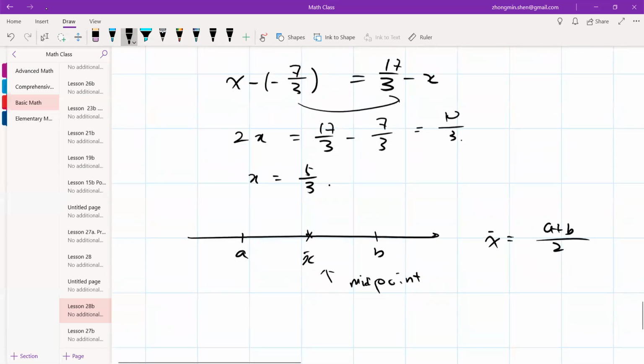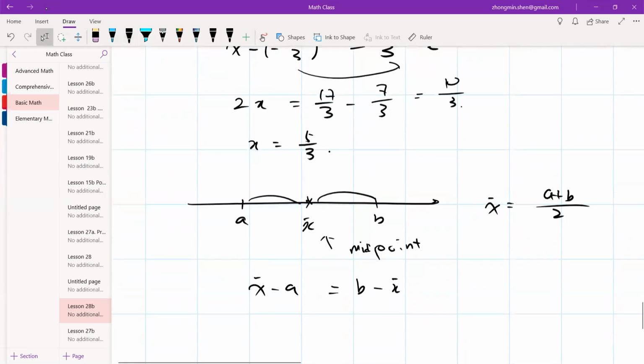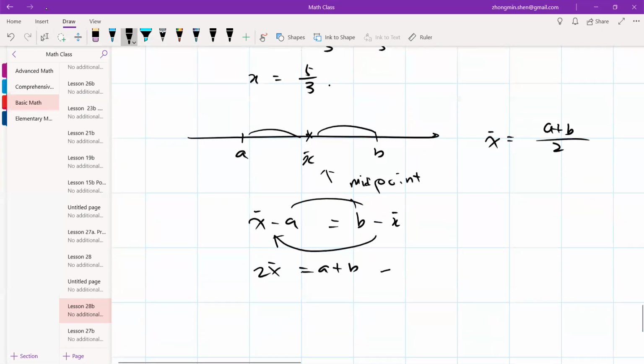Because I already told you that this distance should be equal to that, right? So the distance between those 2 points will be x bar minus A, and the distance between B and x bar is going to be B minus x bar. So if you move this together, you get 2x bar equals A plus B, and that's why this gives the formula. Divided by 2.